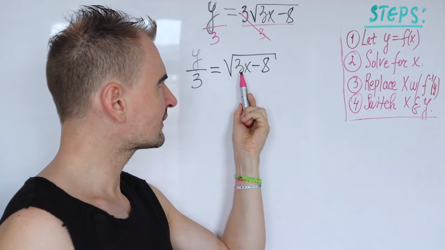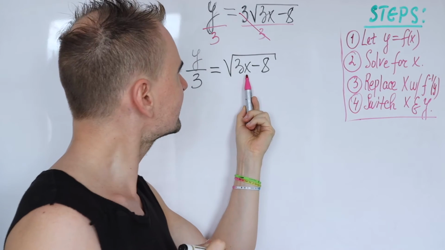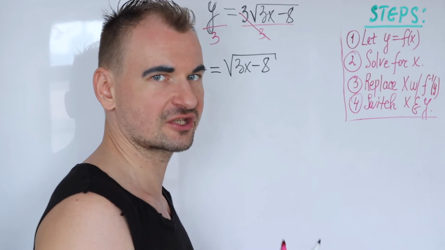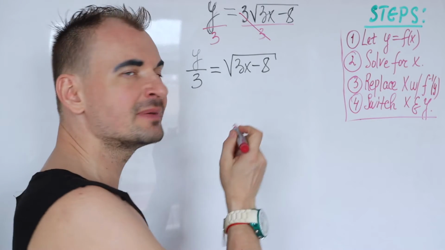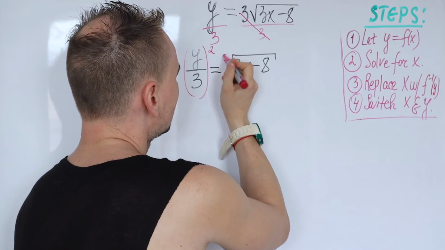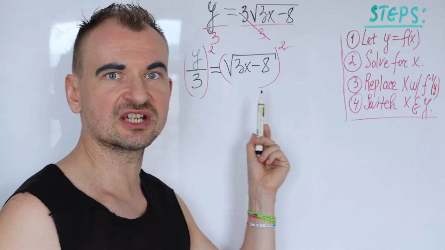Now, since we are looking for x, just square both sides of this equation. Simply raise both sides to the second power. Why do we want to raise both sides to the second power?